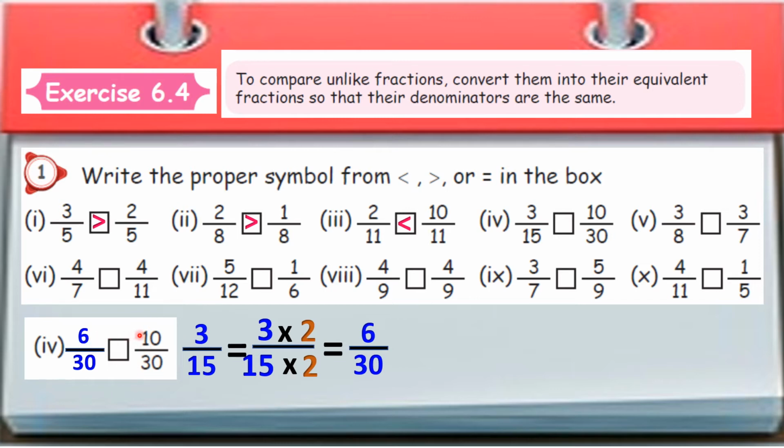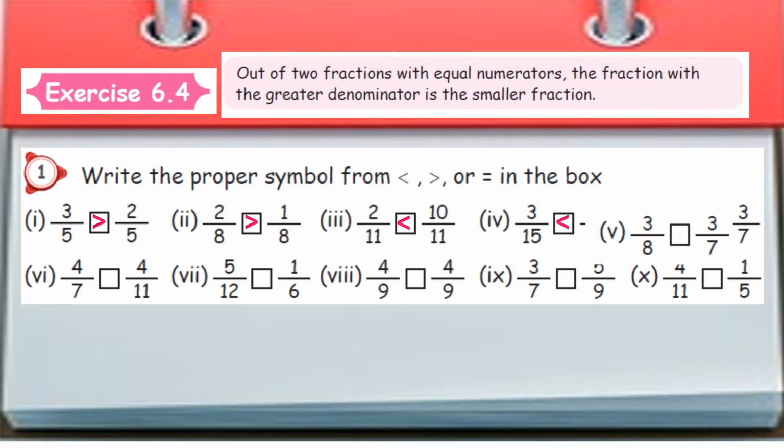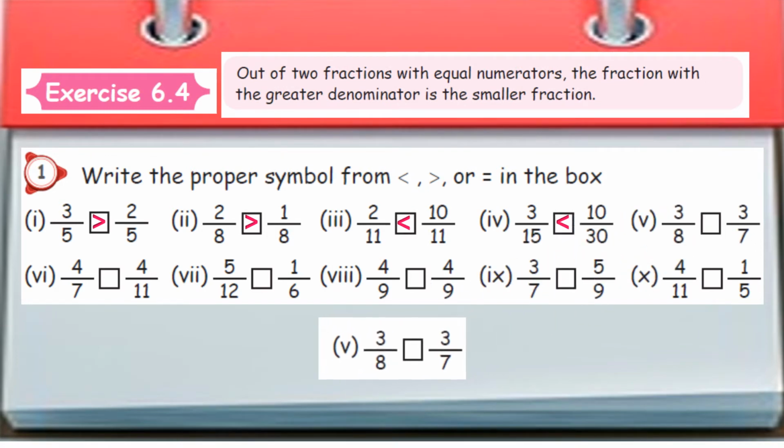Now 6 or 10, which is greater? 10 only. So just open the mouth. That's it. Okay. Enter into the fourth question also. Now fifth sum. Here also we have different denominators. We couldn't get 8 in the 7th times table and 7 in the 18th table. So what we have to do?